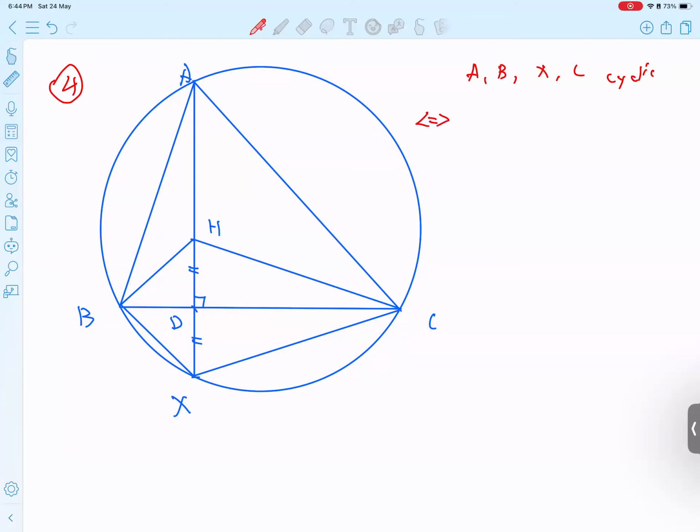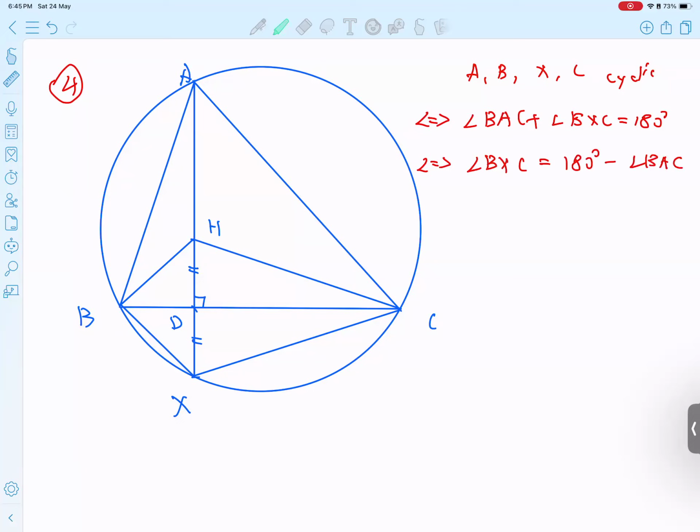So you play around. The idea with Olympiad mathematics and problem solving is you play around with the problem statement. So ABXC is cyclic, we know that's true, and this will be equivalent to proving angle BAC plus angle BXC equals 180. So this is equivalent to angle BXC equals 180 minus angle BAC.